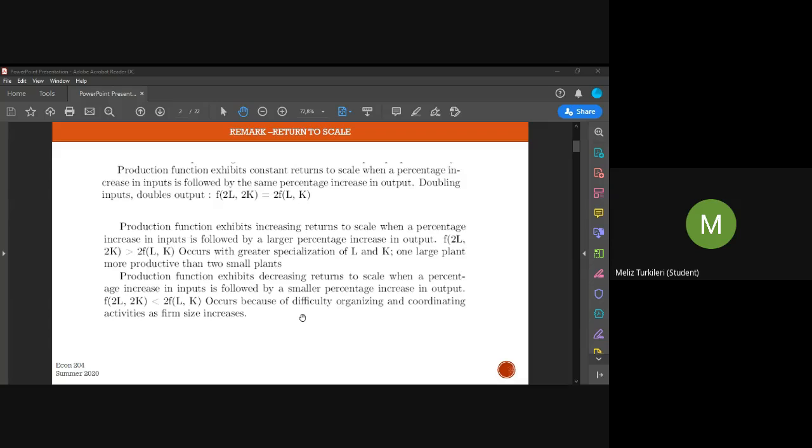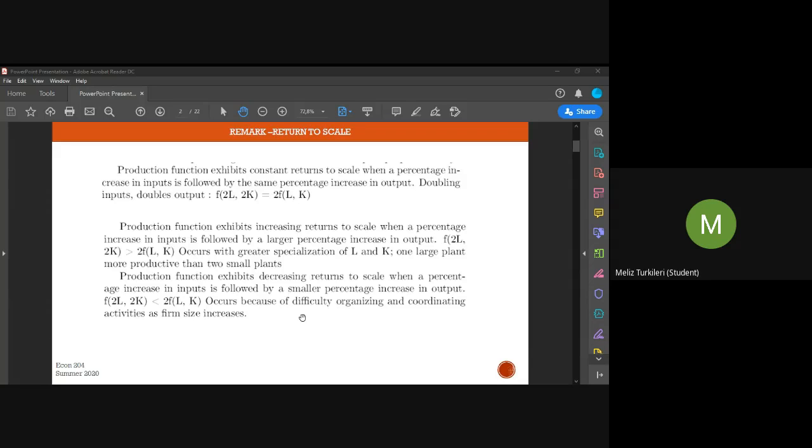If we increase the inputs a little bit, and if we observe that our outputs also increase with the same percentage, then we can argue that our production function has constant return to scale. I mean, you can think like that.